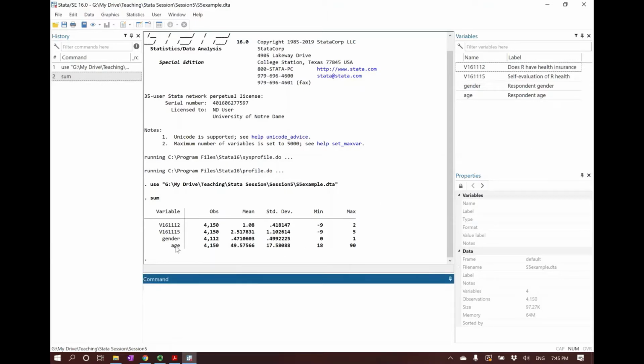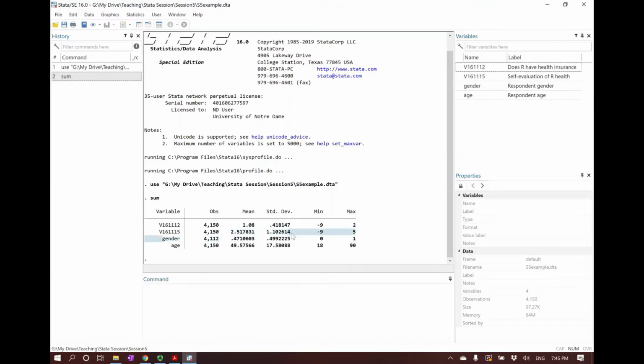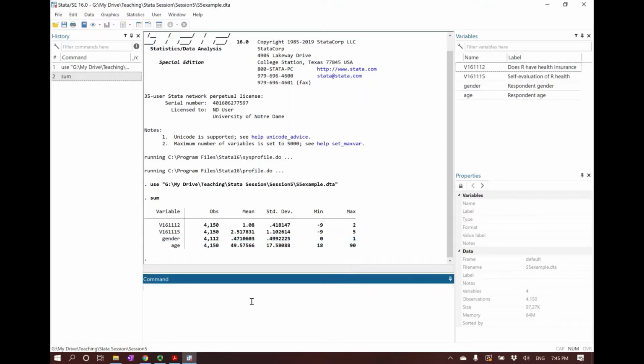It looks like we're fine with age, but in terms of gender, we do want to look at whether female takes a value of 0 or 1 and how many observations are missing for this information. The best way to do that is to first tab gender to take a look at the 2 categories, and I recommend you include the missing observations.